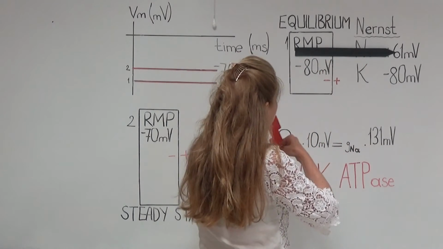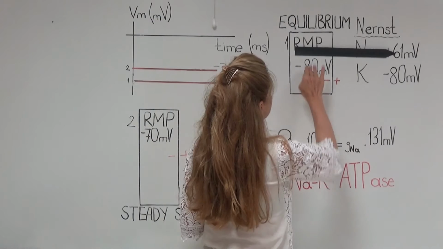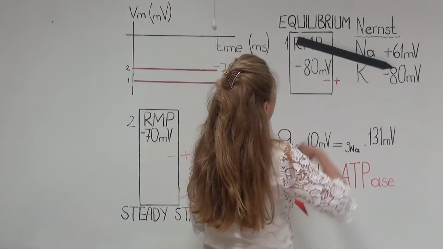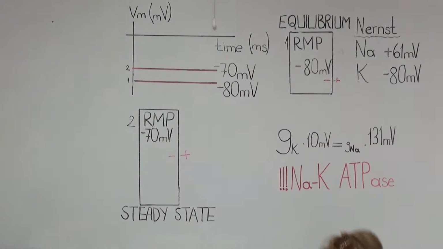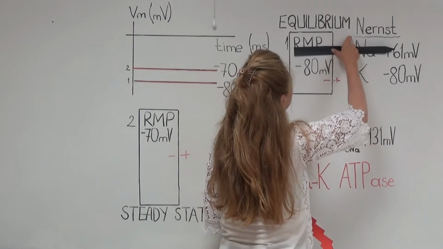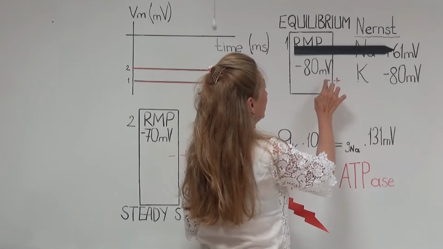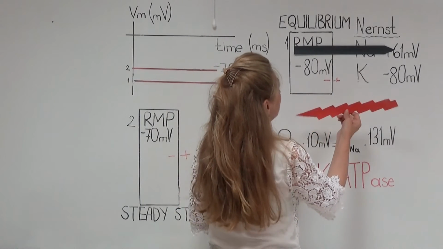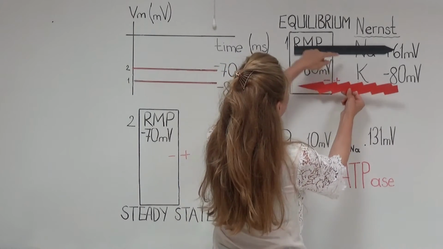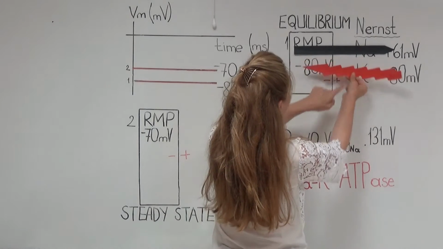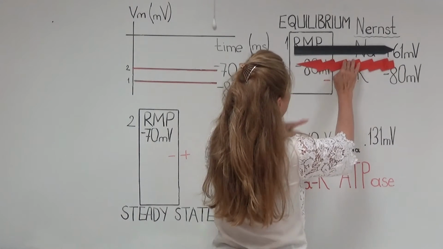What about the electrical force? Electrical force is the resting membrane potential, and at the resting membrane potential level, the cell has negativity on the inside, so potassium ions, being positive, are going to be pulled inward by the electrical force.